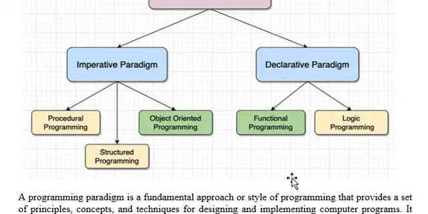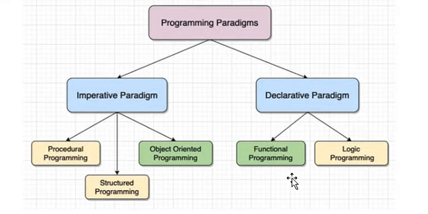Instead of directly specifying how to compute a result, it focuses on describing the problem using logical facts and rules, and logical inference to find the solutions, effectively treating computation as automated reasoning. So this is the completion of the imperative and declarative paradigms.